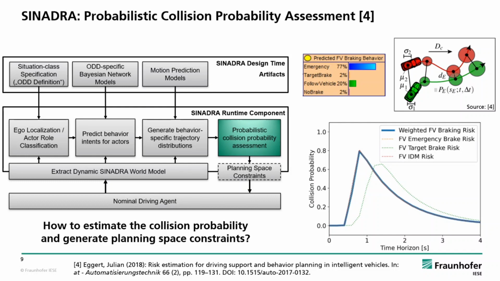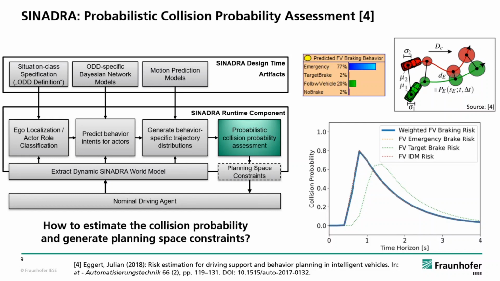Now we compute these things for each possible behavior intent that we see for a particular actor, in combination with the planned ego trajectory distribution. This means that in this particular case, we get 4 of these graphs. And the idea is to weight these 4 graphs based on the likelihood prediction that we did.